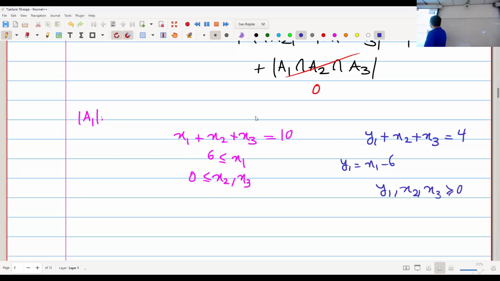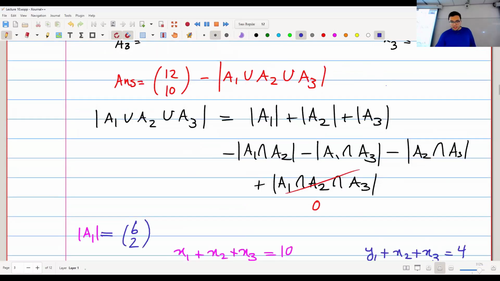So in this case, I have 4 balls and 2 bars. So the size of A1 is 6 choose 2. Okay. So again, you can find all of these things one by one, and then you can compute this whole thing. And of course, our answer is the total number of solutions minus this size.